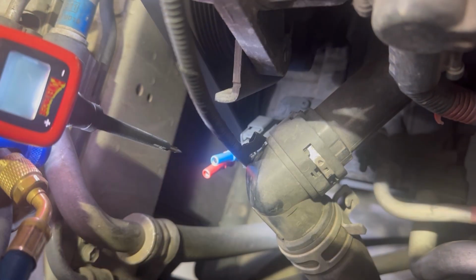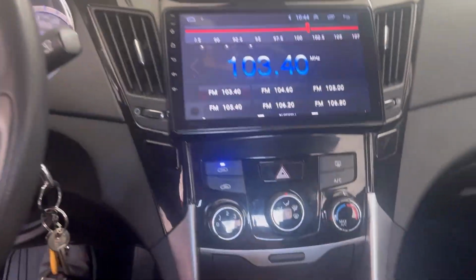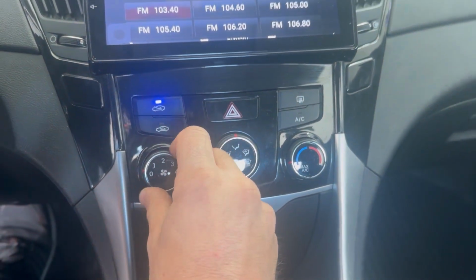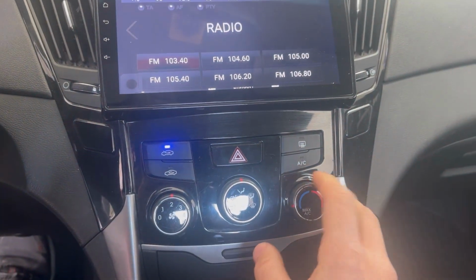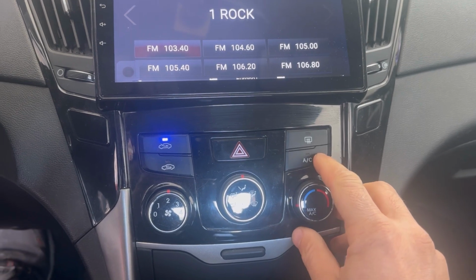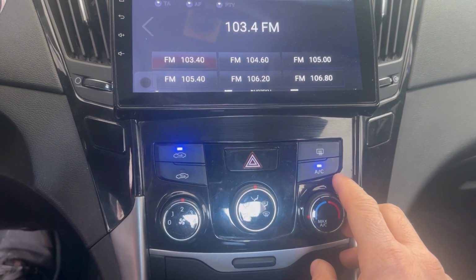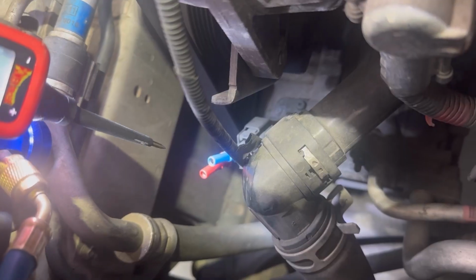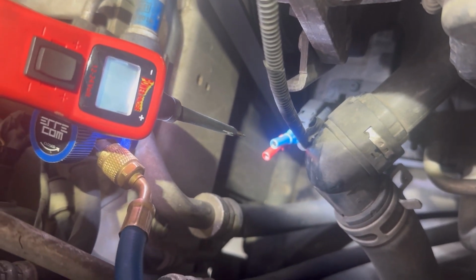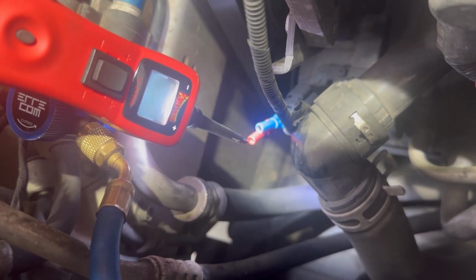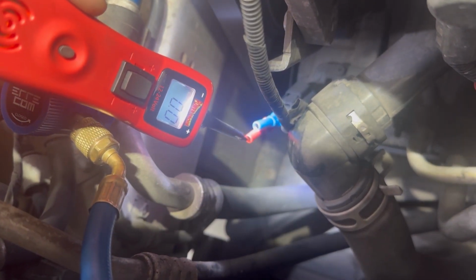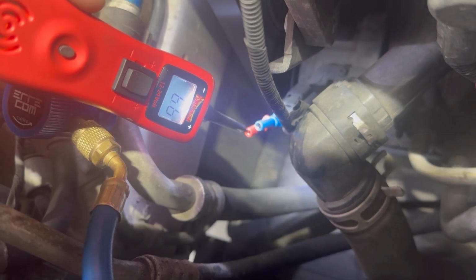If everything is working fine and the AC is on, there should be positive on one wire and negative on the other. Next we're going to turn on the AC, turn the fan on, put it at low temperature, and check the wires again. If there is no blown fuse or relay, now one of them should be positive and the other one negative.